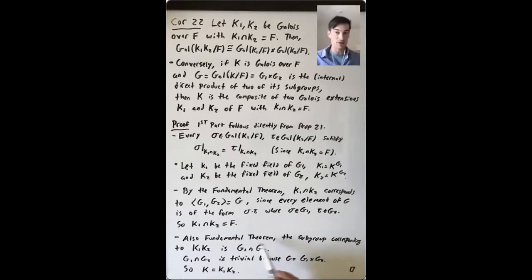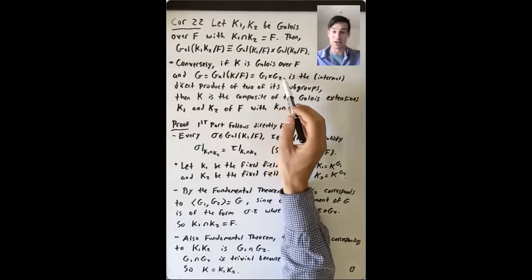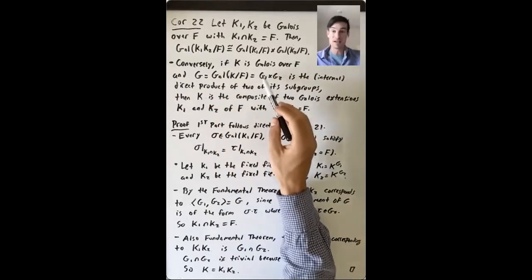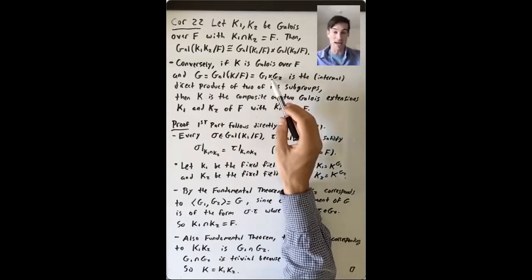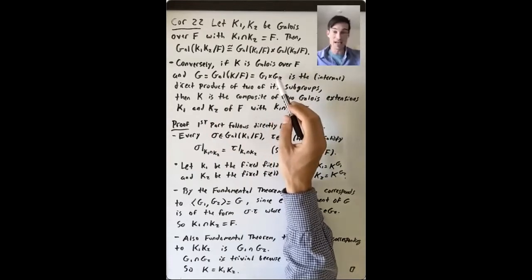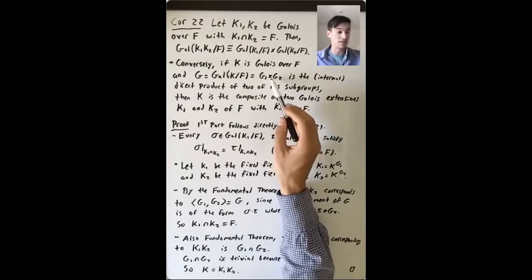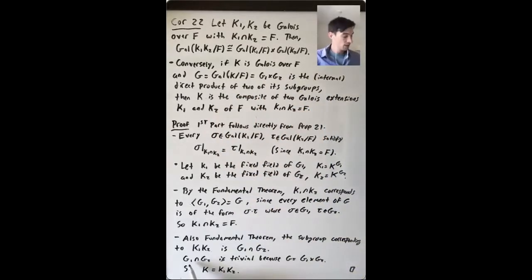But what is G1 intersect G2? What does it mean for G to be the internal direct product of G1 and G2? It means everything in G can be written as something in G1 times something in G2 in a unique way. And that means that G1 intersect G2 must be the trivial subgroup. This is part of what it means to be the internal direct product of two subgroups. So G1 intersect G2 is trivial.